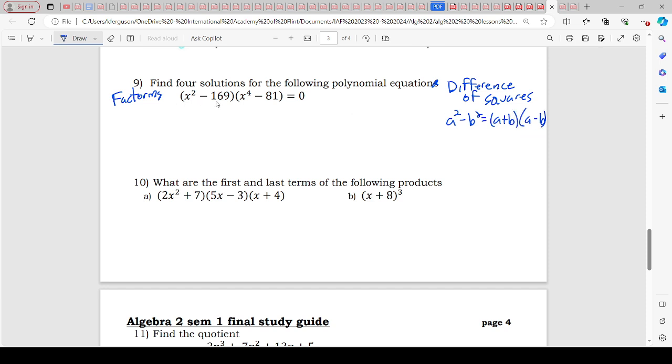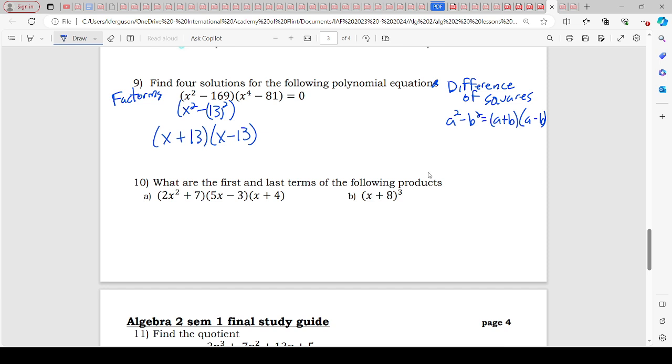So if I look at this first piece of my expression, x squared minus 169. X squared is x to the second power. But what about 169? What's that? That's 13 squared. So if I think about it like this, then I can factor that to x plus 13 times x minus 13.